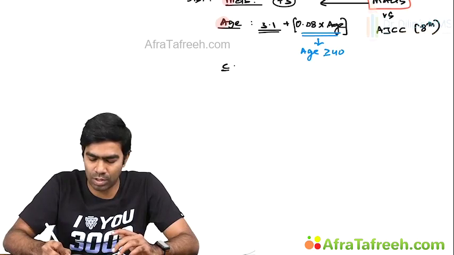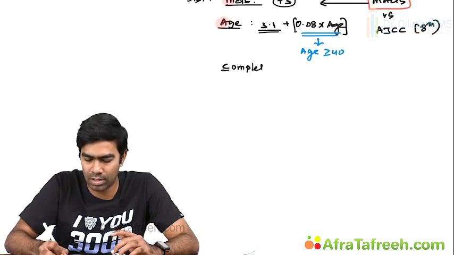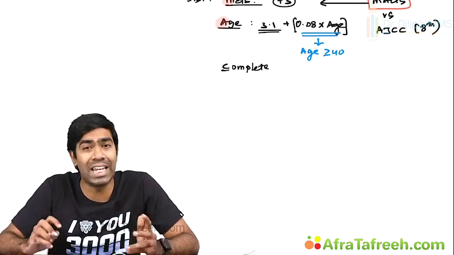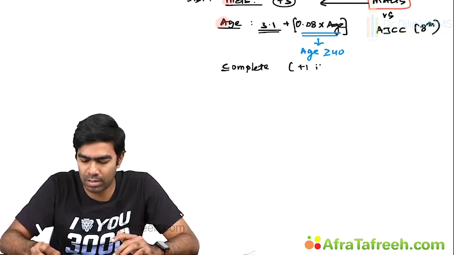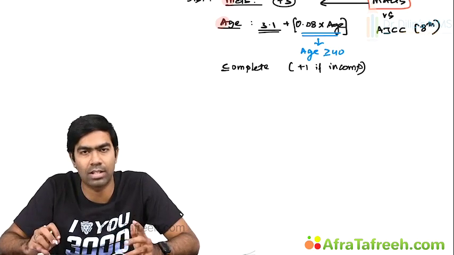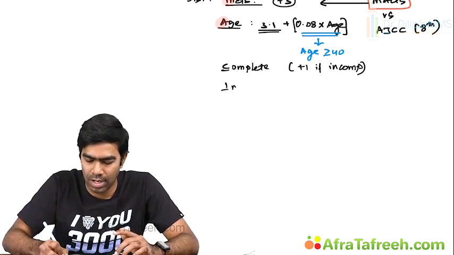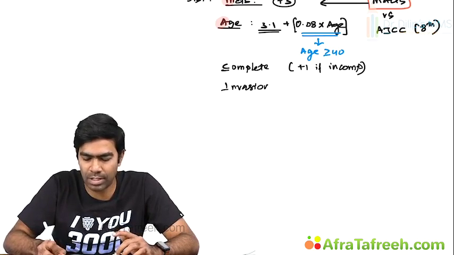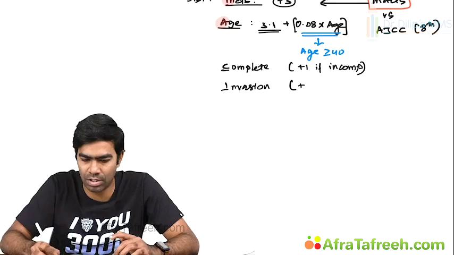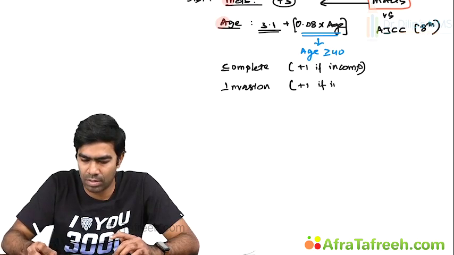Then C stands for completeness of the surgery. If it is incomplete, you will add +1. If it's incomplete surgery, or if there is any extrathyroidal extension. I stands for invasion given by the pathologist report. If it's invasive, you will have +1.